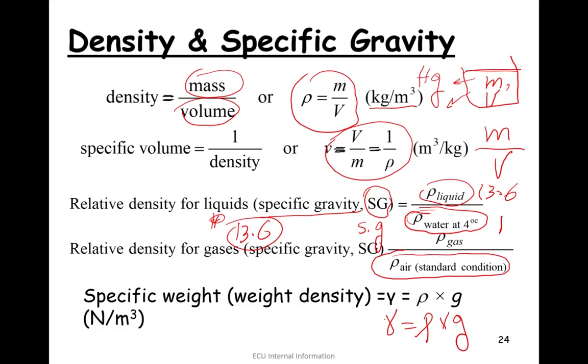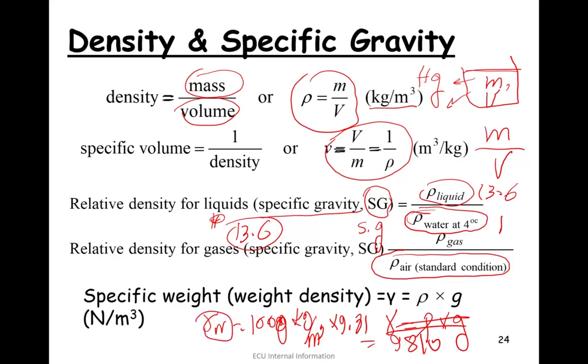For example, gamma for water: density is 1000 kilogram per cubic meter, times 9.81, then we have 9810. This is gamma. However, if we're talking about density, it is only 1000 kilogram per cubic meter. So a specific weight is density times the acceleration of gravity.